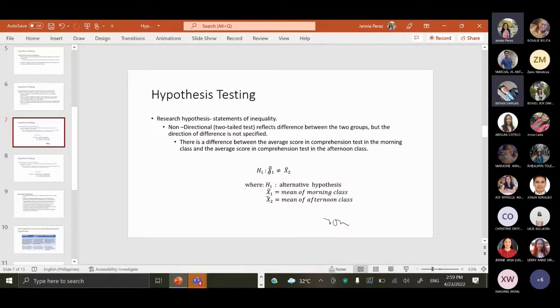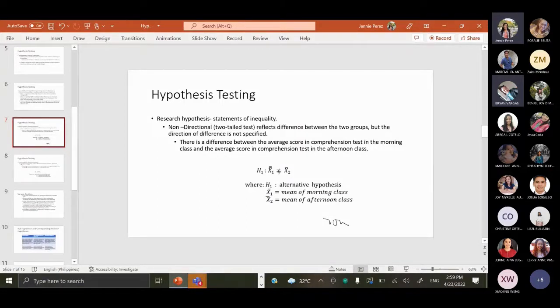So makita ninyo that that hypothesis 1, which represents our research hypothesis, it says here the mean sub 1, that refers to the mean of the sample, of your actual sample, because you can only make observations of your sample, okay, of what data you have there, okay, not the whole population.